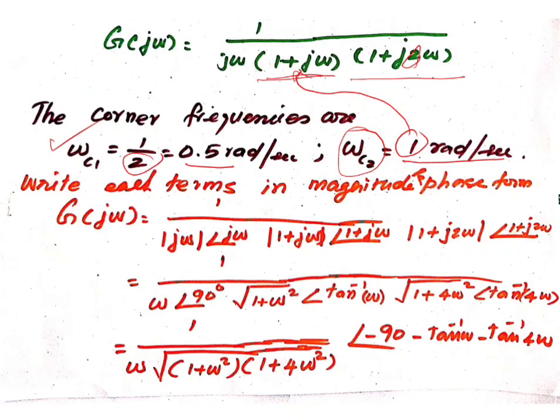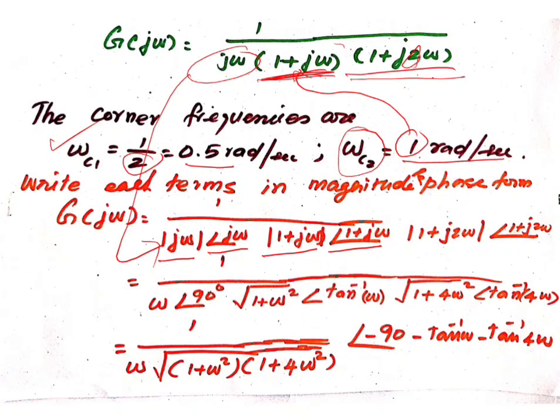Now we have to write each and every term in terms of magnitude and phase. So the first term, 1 divided by jω, is written as magnitude of jω and angle of jω. The second term is written as magnitude of 1 + jω and phase angle of 1 + jω.